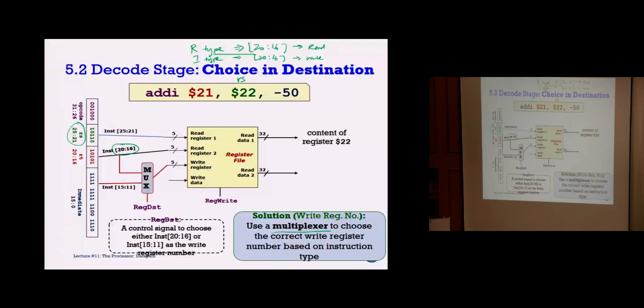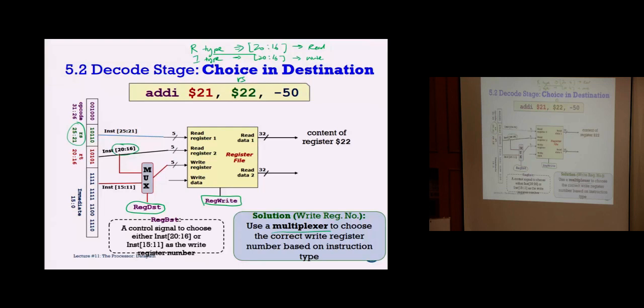That is where your control signal comes in, called the register destination control bit. Just like how we have a register write to decide whether I need to write back to a register or not, I now have a register destination control signal.